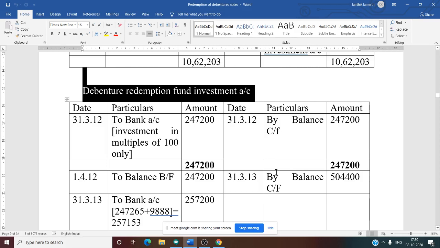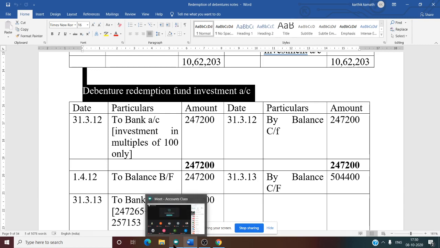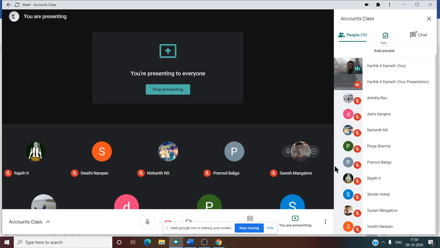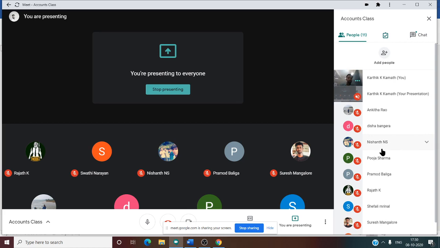So what is the journal entry for the debenture redemption fund investment account? For making the investment, what is the journal entry? We have discussed this in the last class, in the accounting treatment. For making the investment, we are putting the amount in the investment account.